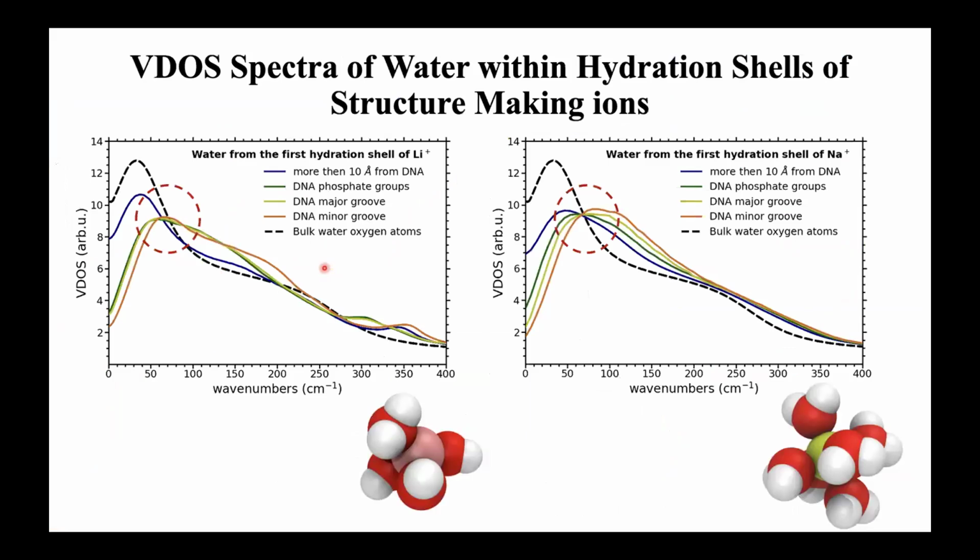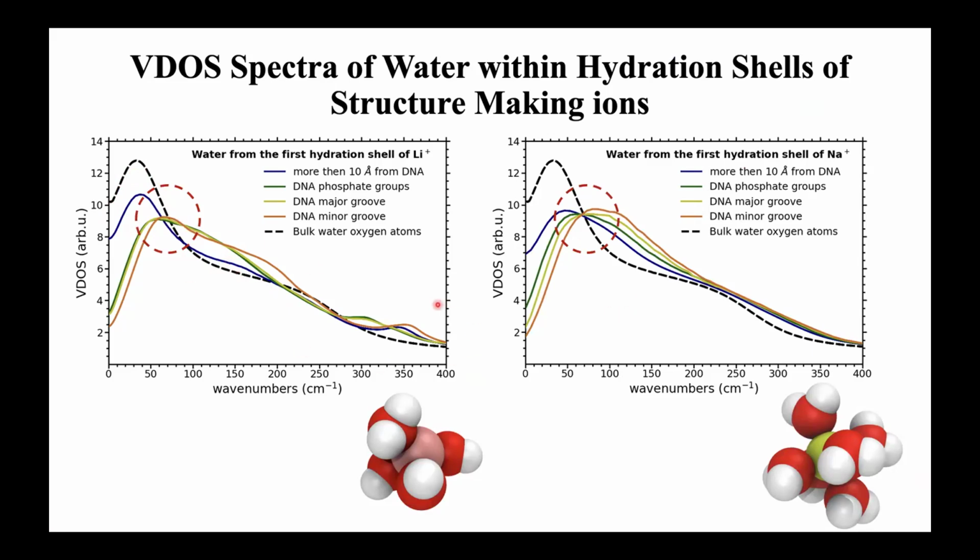We also analyzed the vibrational dynamics of water molecules in the hydration shells of the ions that are localized in the different regions of the DNA, and compared these results with the spectrum of pure bulk water, shown as a black line.